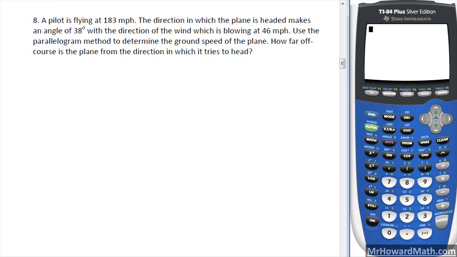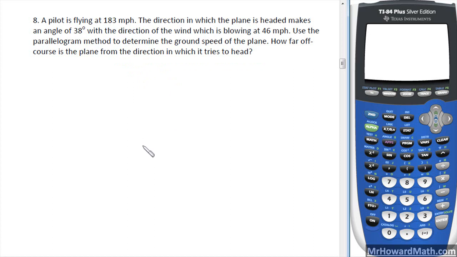Alright, so it doesn't really matter how we sketch this as long as we know where we start from. So a pilot is flying at 183 miles per hour. The direction in which the plane is headed makes an angle of 38 degrees with the direction of the wind.